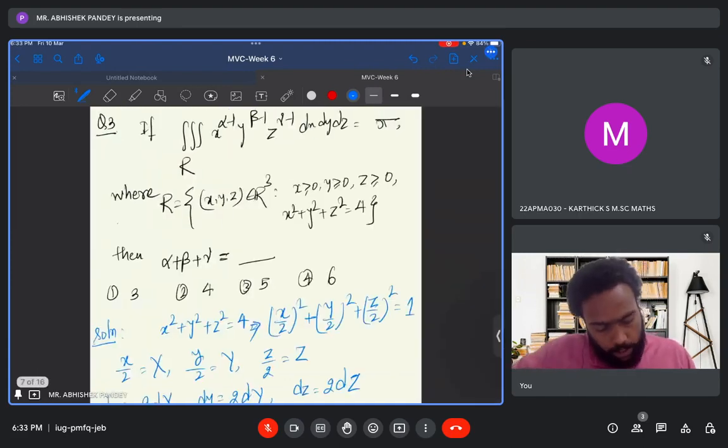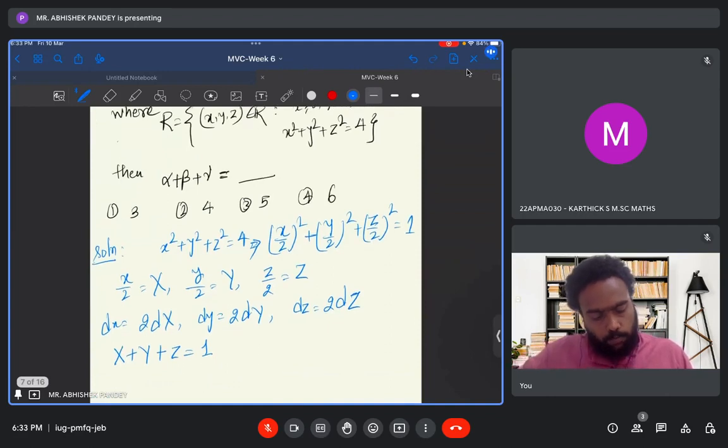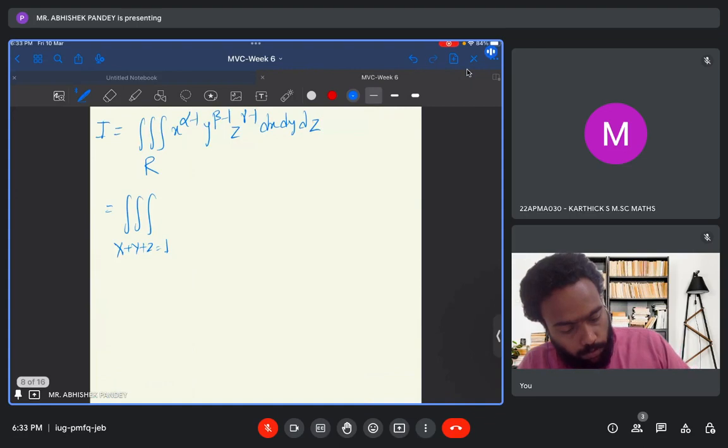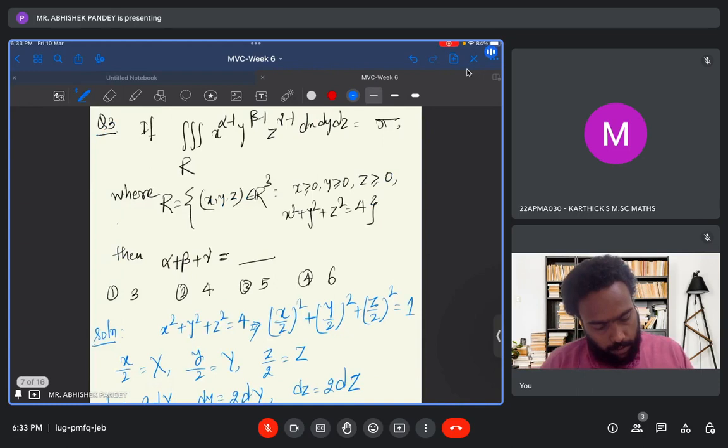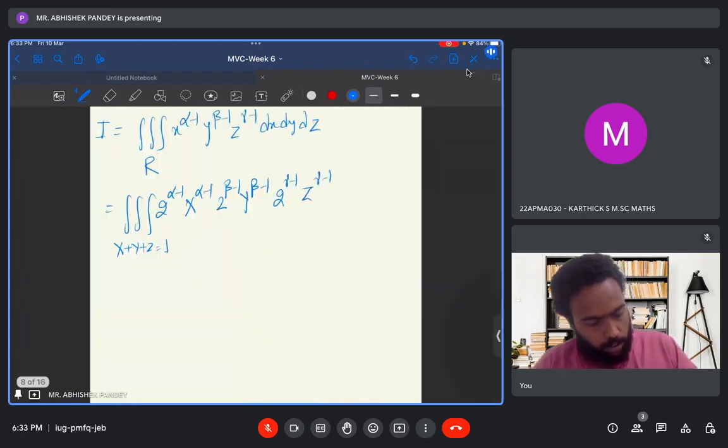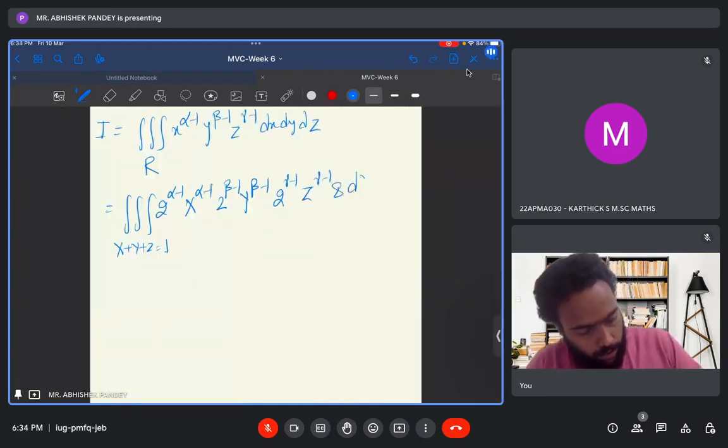Now we have taken x equals 2x, y equals 2y, and z equals 2z. So this will become 2 to the power alpha minus 1, x to the power alpha minus 1, 2 to the power beta minus 1, y to the power beta minus 1, 2 to the power gamma minus 1, z to the power gamma minus 1. And your dx is nothing but 2 dx, so this will be dx dy dz.